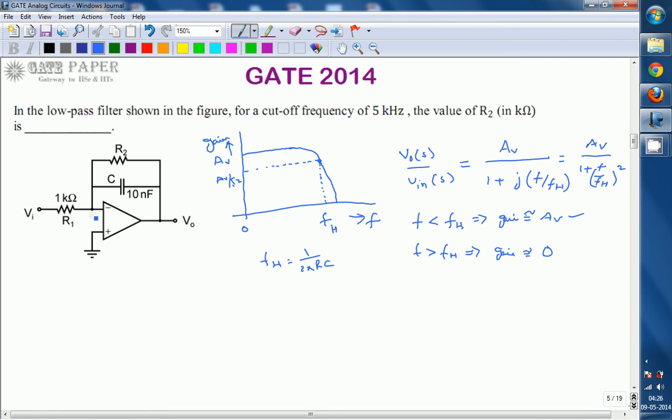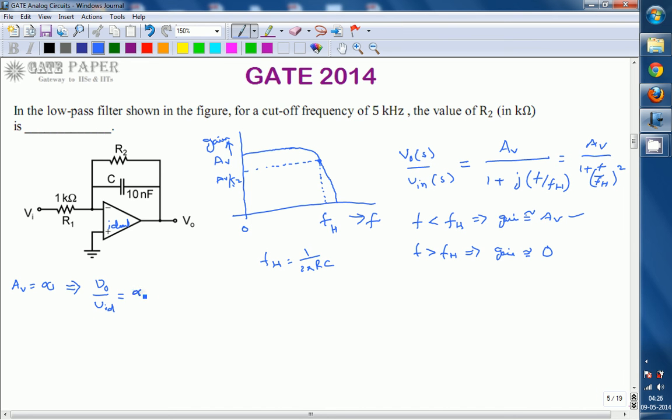It is an operational amplifier, and we can assume it is ideal because nothing else is mentioned. For an ideal operational amplifier, an important characteristic is that AV is infinite. AV is the voltage gain, defined as V0 divided by VID, where VID is the input difference voltage, V plus minus V minus.